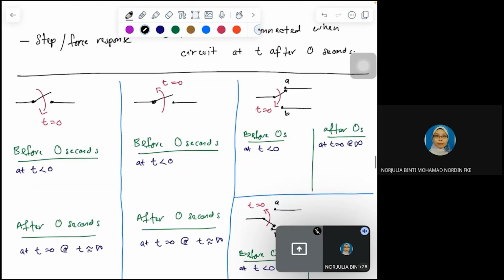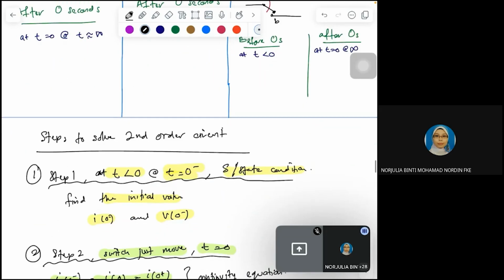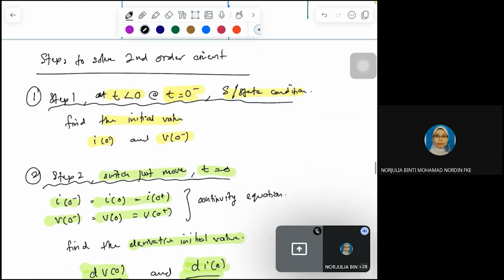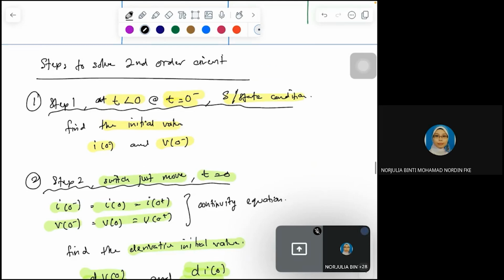All right. So in analyzing the second order circuit, I have listed down 6 important steps. The first step, we need to analyze the circuit before 0, where at this step we need to find the initial value of I and V. It's not just one of them anymore, because we have both elements, L and C, all together inside one circuit.